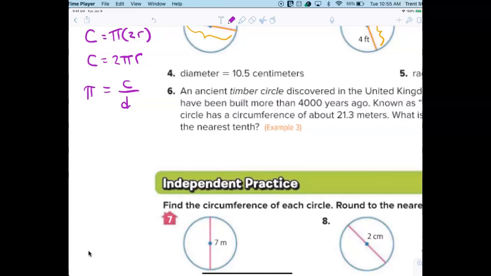So what is pi again, guys? Yeah, circumference divided by diameter. It's not 3.14. That's the numerical approximation of pi. Pi is defined as the circumference divided by the diameter.